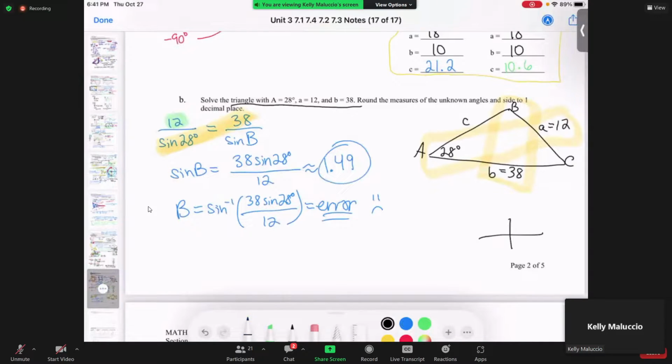The range is -1 to 1. So if I'm taking the inverse and trying to figure out what angle gets me 1.49, this is not going to happen because this is out of the range of sine. So sine of B can never equal a number like this.